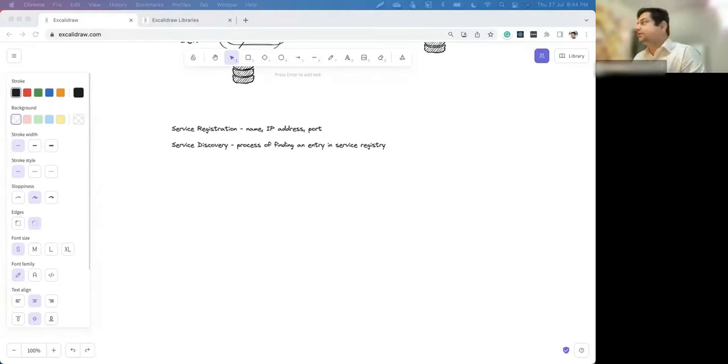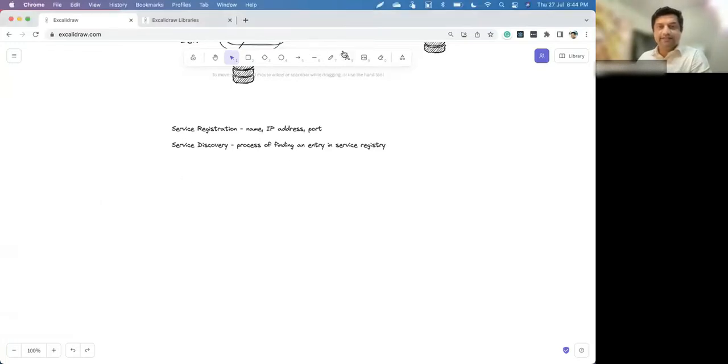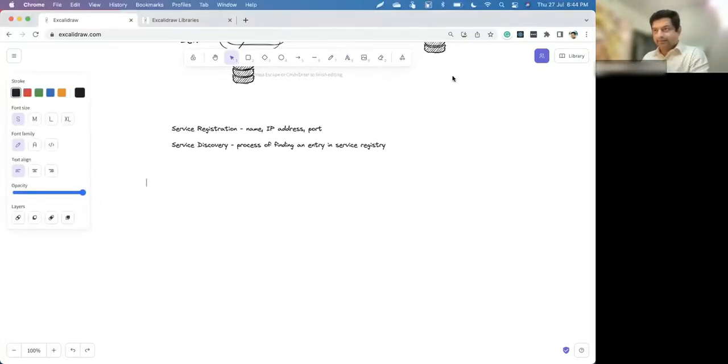Yes. So there are two kinds of service registry. One is the client-side service registry. The other one is the server-side service registry, right?